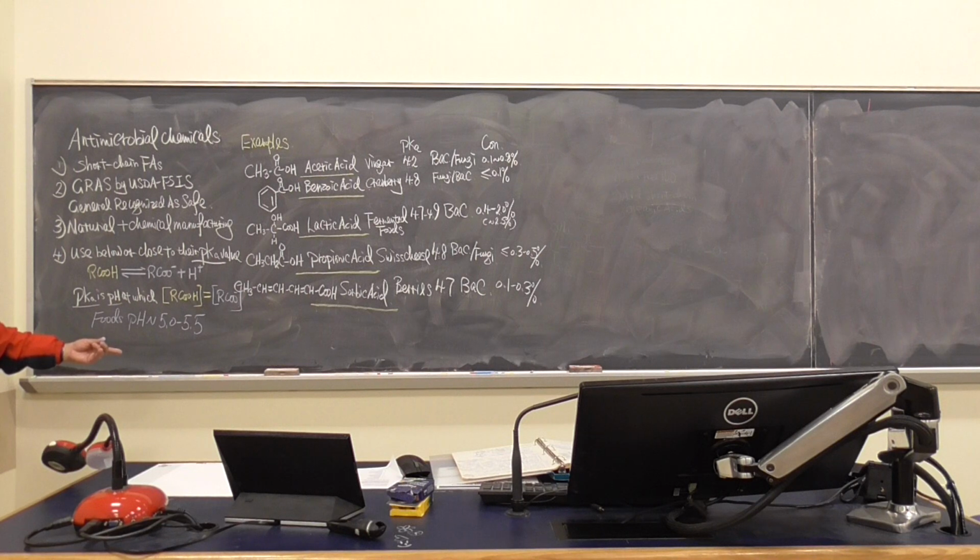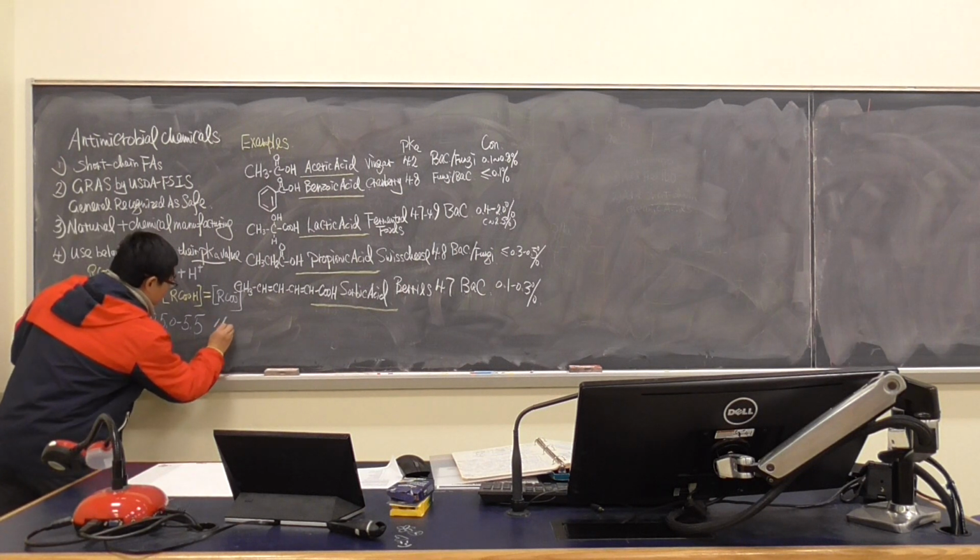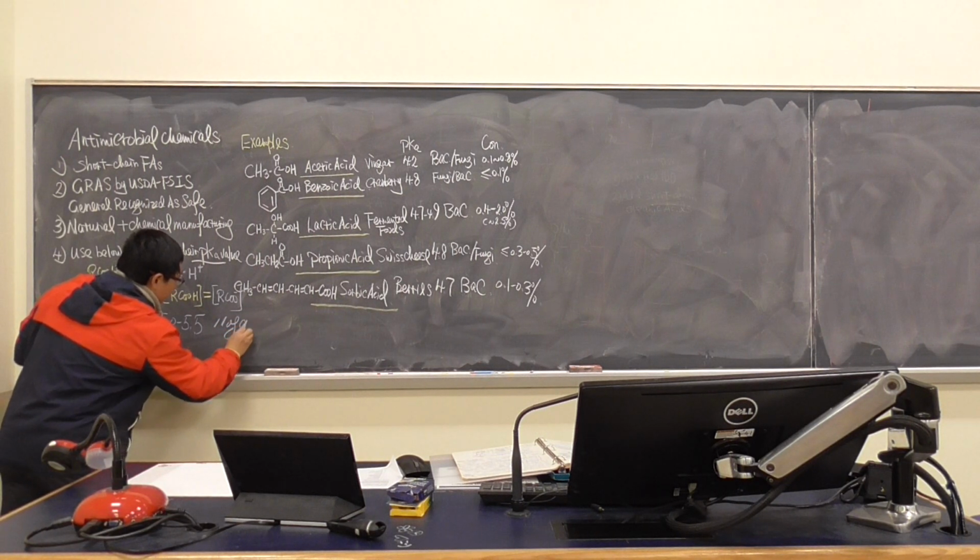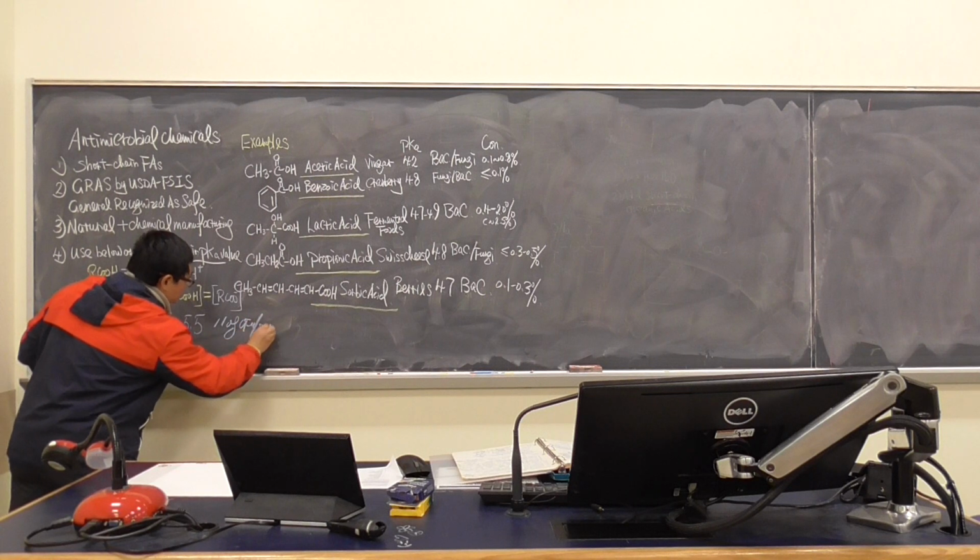That is the reason why, when you read millions of papers, they talk about spraying acetic acid or lactic acid on poultry or beef carcasses, and you get 1 log reduction, 1 log CFU per gram reduction.